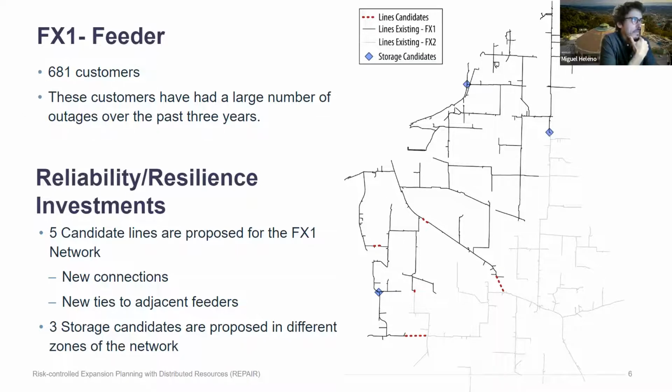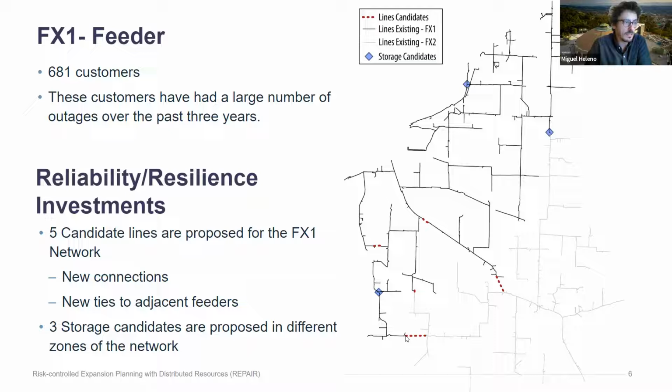And so this feeder has almost 700 customers, and Commonwealth Edison in 2021 has proposed a few possible additions to this feeder.